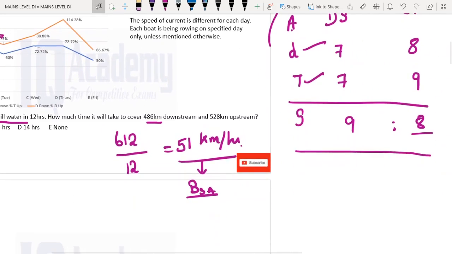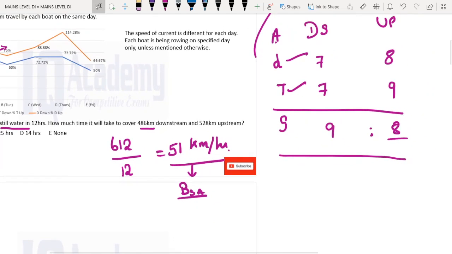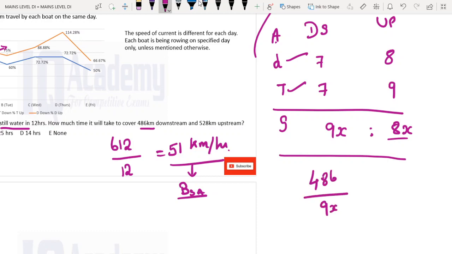So the time taken for boat A to cover 486 km downstream plus 528 km upstream. We know the downstream speed of A is 9x and the upstream speed of A is 8x. So 486 by 9x plus 528 by 8x. This is what we need.